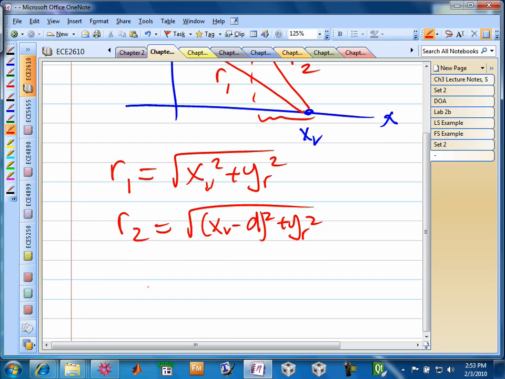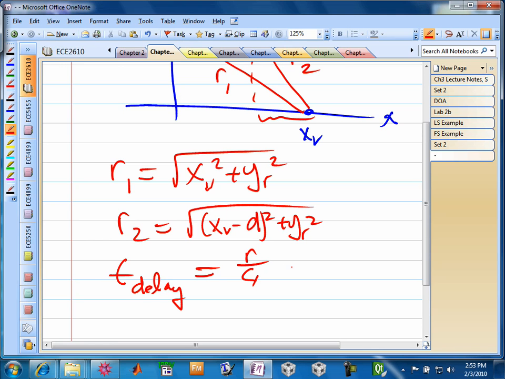Now what about time delay? Time delay, t sub delay of a propagating wave is always the distance d or r over what? The velocity of propagation. Does that make sense just from physics? R is meters, c is meters per second, so the units work out to be seconds, which is time delay.